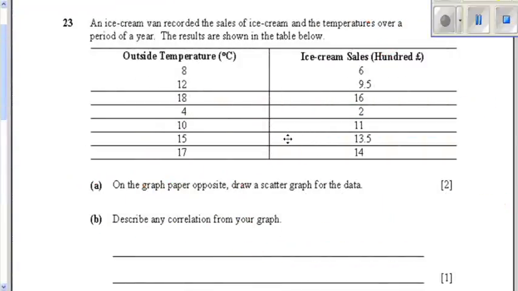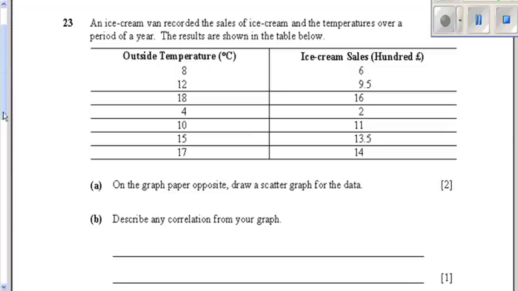Okay, here's the last question, which is 23. You've got a table of values plotting the amount of sales of ice cream against the temperature, and it asks you to plot a scatter graph. So if you want to try, get some squared paper and just plot the scatter graph.